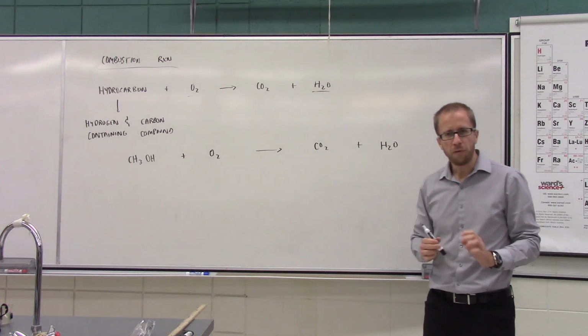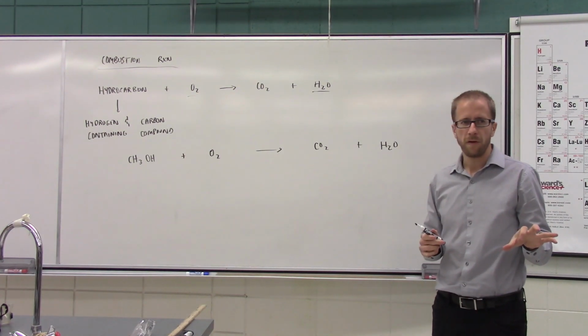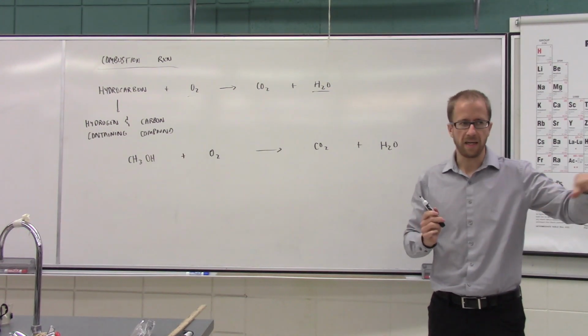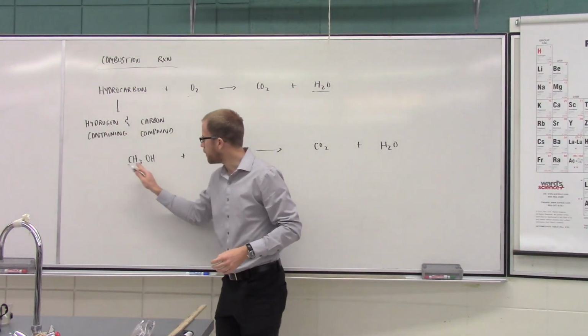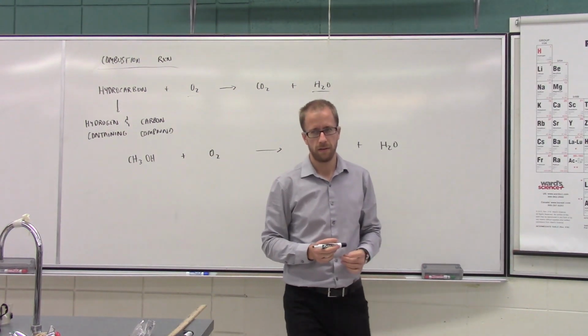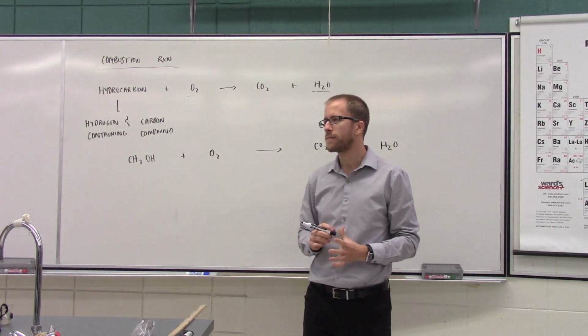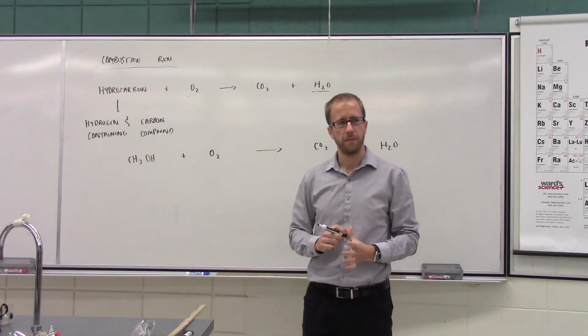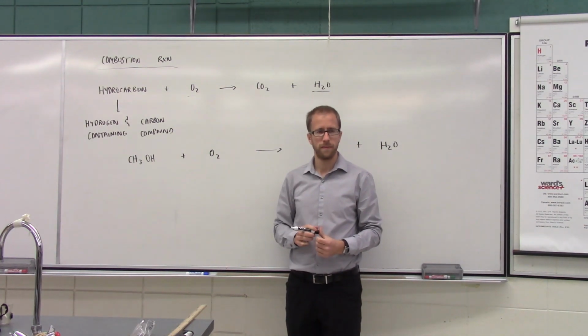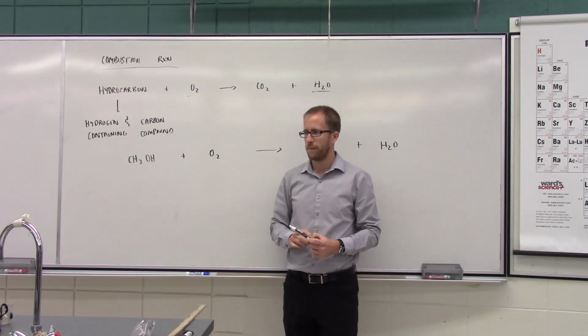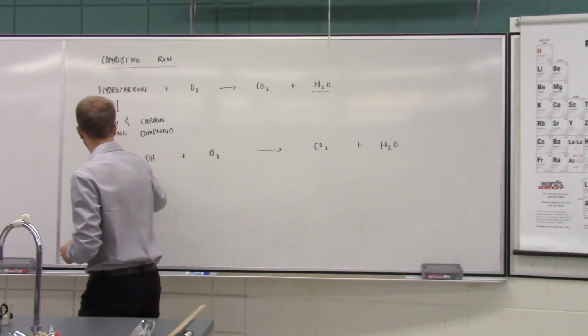I would say you should follow the tip I gave. If it's odd, make it even. So let's start by making our oxygens even on our reactant side. How would I do that? I can put a 2 right here.